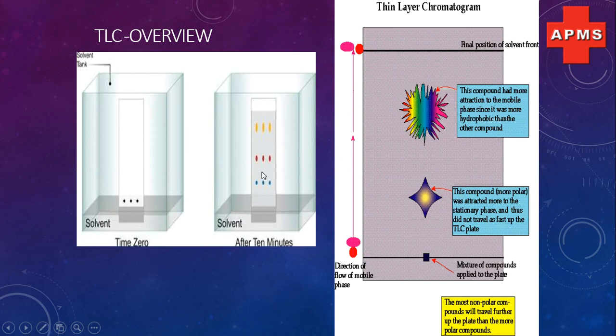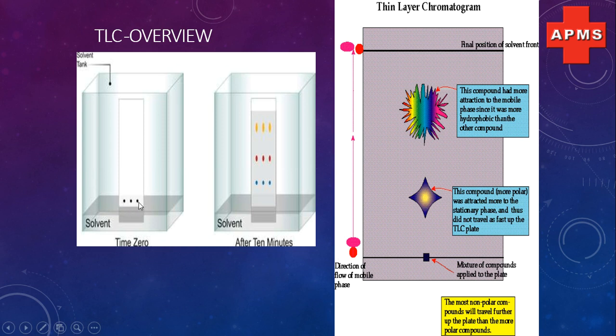So this is the simple diagram of TLC. What we see here is the solvent tank, which will be covered with a covering over it, so this solvent, which is generally a volatile solvent, cannot evaporate to the atmosphere. Here this is the TLC plate, thin layer chromatography plate, over which a thin layer of silica gel or alumina gel is immobilized on the substrate. Here three sample spots are made.